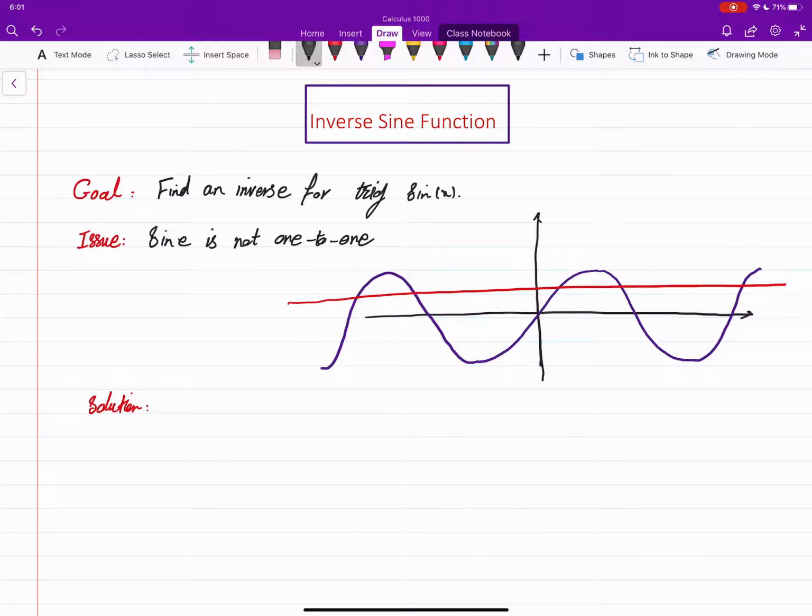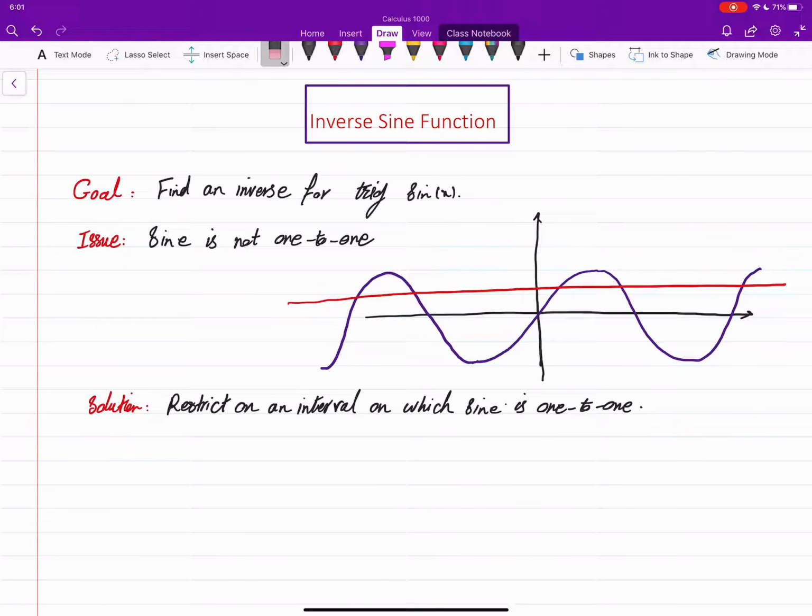So the solution is to restrict to an interval on which sine is one-to-one.